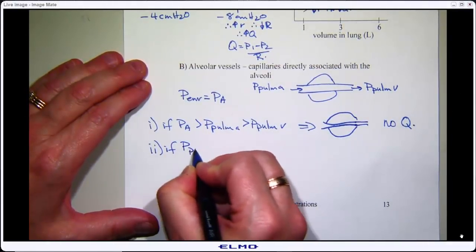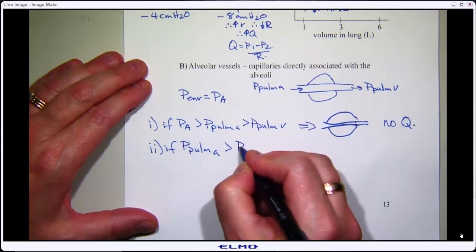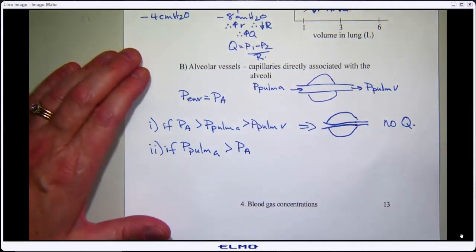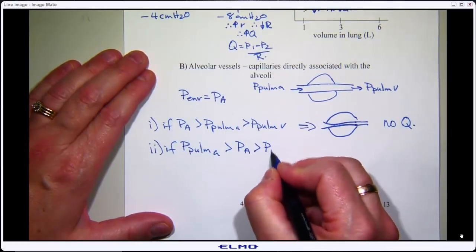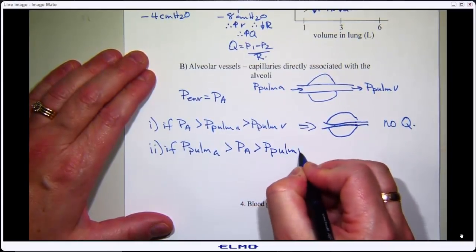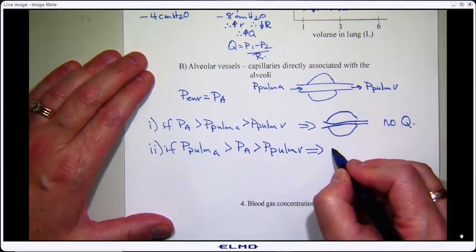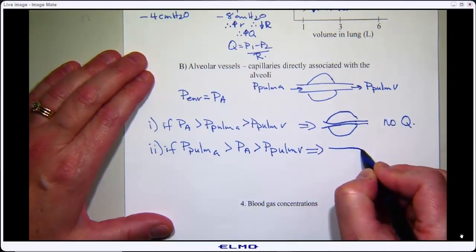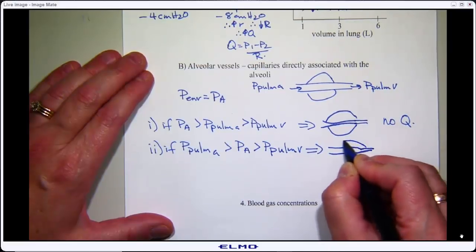If pressure in the pulmonary artery was greater than pressure in the alveolus, that's a good day, but problematic is when pressure in the alveolus is greater than pressure in the pulmonary vein. You get intermittent flow. So you'll get vessels that are open, but then radius tends to drop as we go towards the venous side.